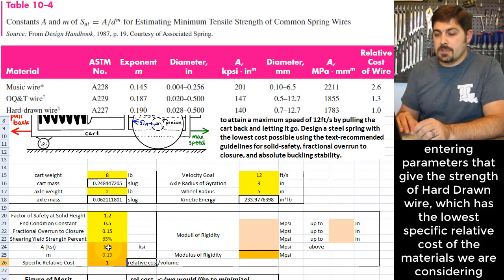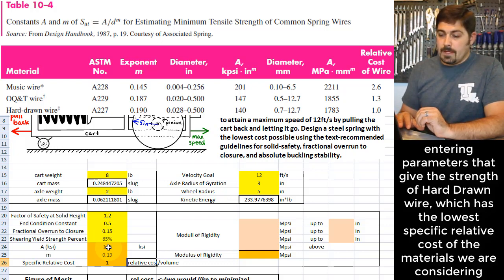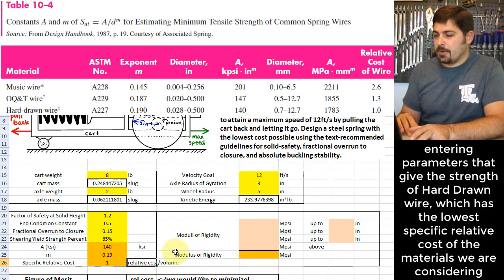Okay, so I'm just going to start with what seems to be the cheapest one and try that one first. Now here's the thing. It's not always cheaper to go with the cheapest material. There can be examples where it might not be cheaper because you can use less of that material. So just make that little note at the very beginning.